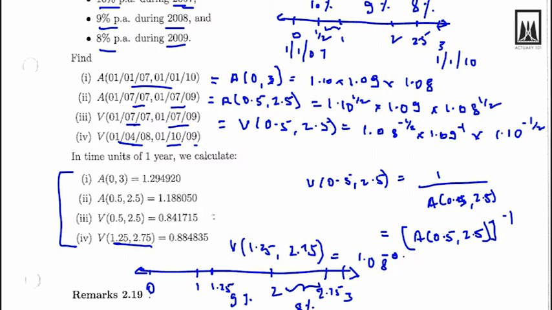So it's going to be minus 0.75, or you can also write minus 3 by 4, multiplied by 1.09 to the power minus how much? This is again 0.75 years. So this is how we're going to calculate, and you can just verify your answers from here.